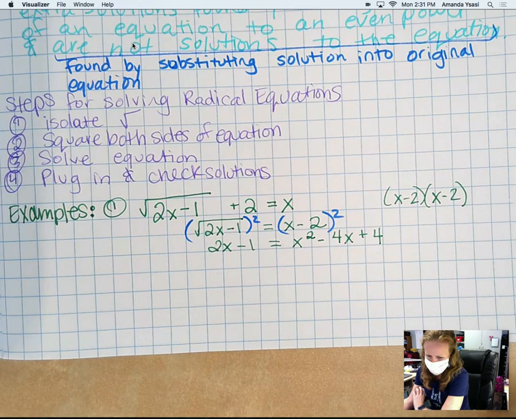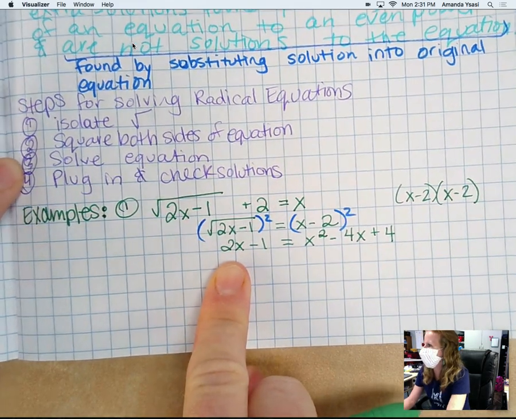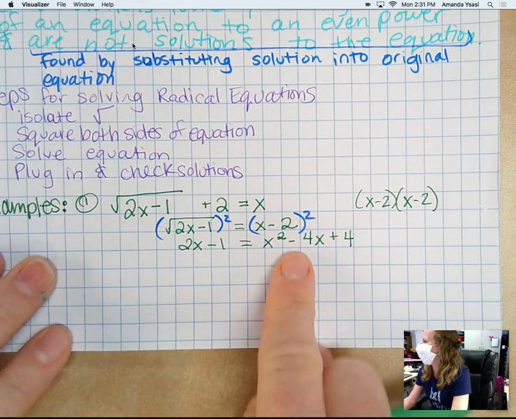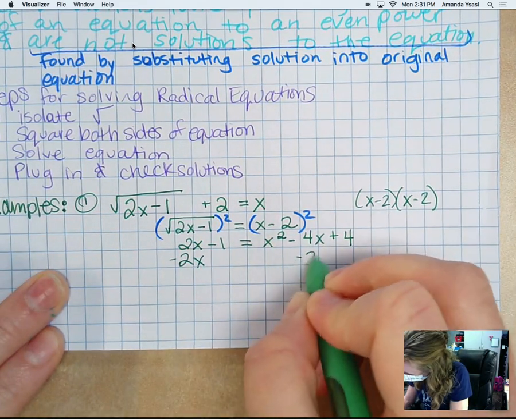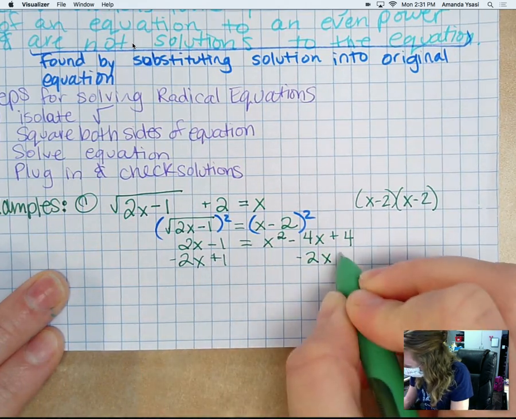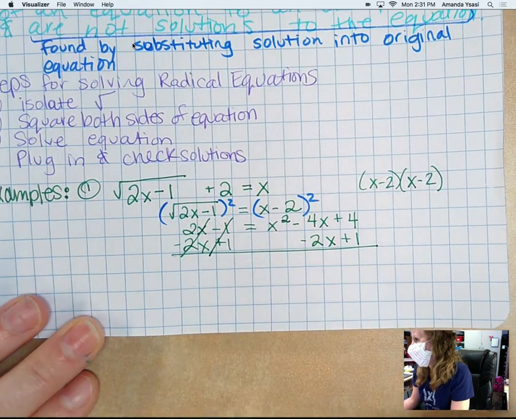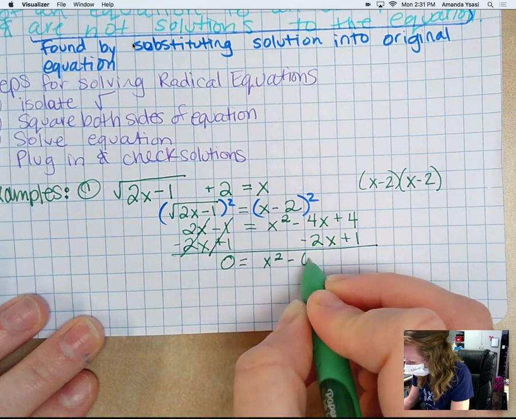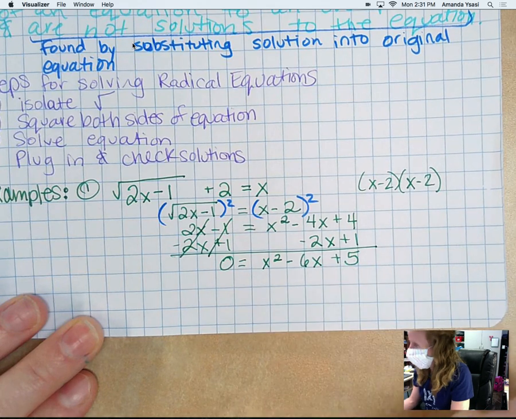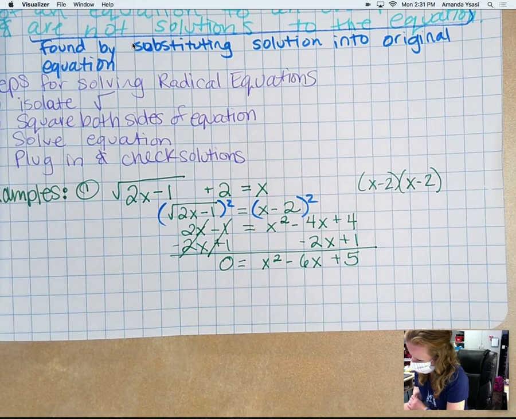Okay, we need to solve the equation. I want to keep my x squared positive, so I'm going to move these over here. So I'm going to subtract 2x and add 1. Zero equals x squared minus 6x plus 5. So now we need to factor this.